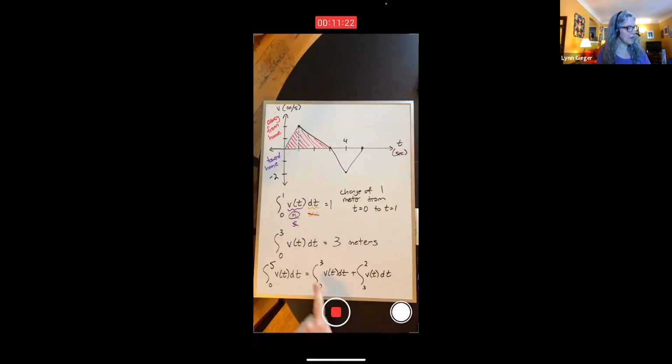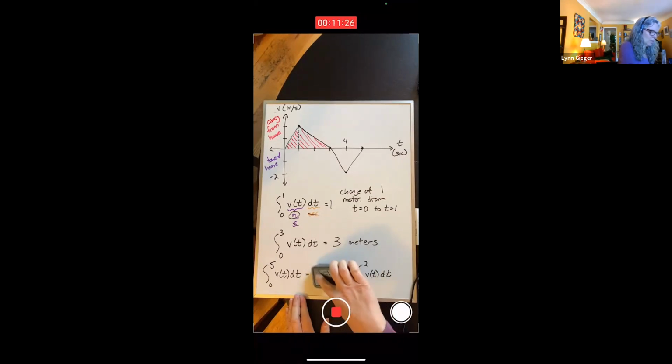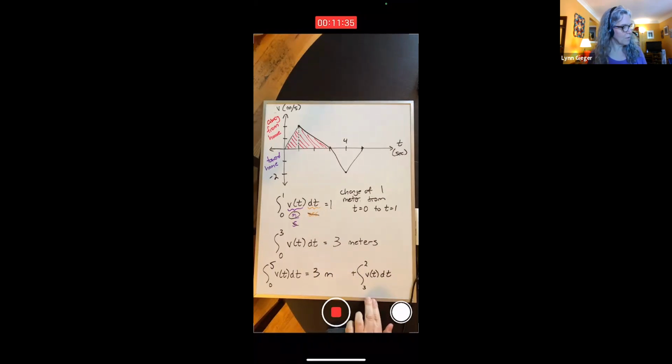Now, we already calculated this as being 3 meters, so we'll just replace this with a 3. I wanted to have that from 3 to 5. My apologies.